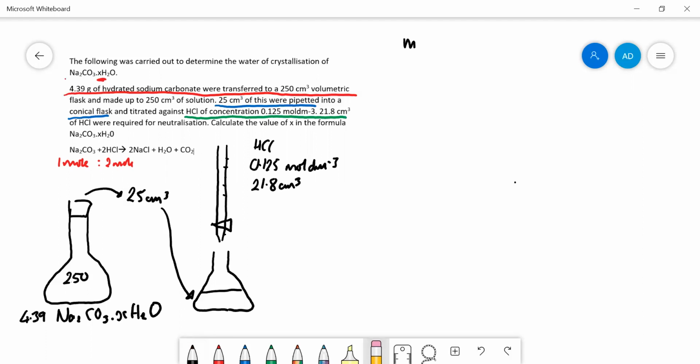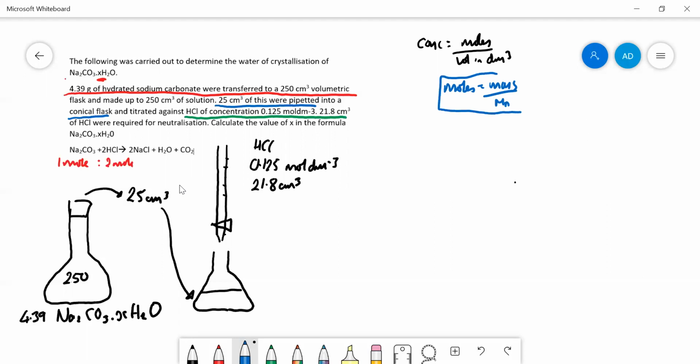Concentration is equal to moles over volume in dm cubed, and moles is equal to mass over Mr, our second equation. Okay, so we normally have to find out the moles or something, don't we? Even if we can't see exactly where we're going.